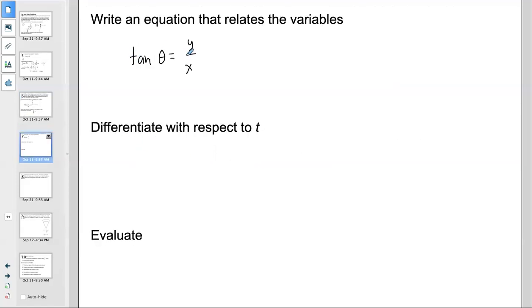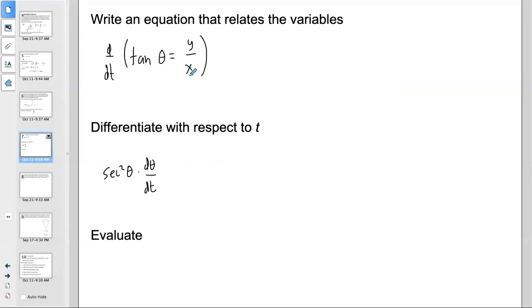So differentiate with respect to time. I'm going to do the derivative of both sides. The derivative of tangent of theta with respect to time is secant squared theta times d theta dt. And the d theta dt comes from the fact that if I do the derivative with respect to time of this equation, this is a t, but that's not a t.